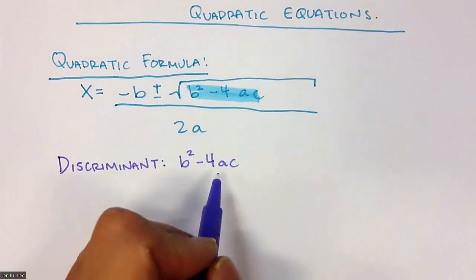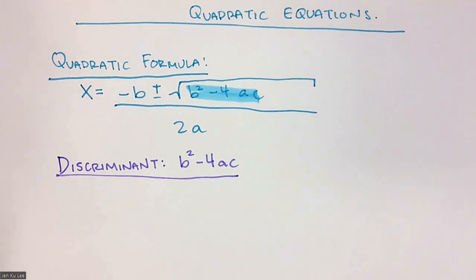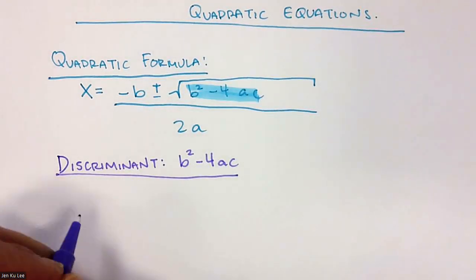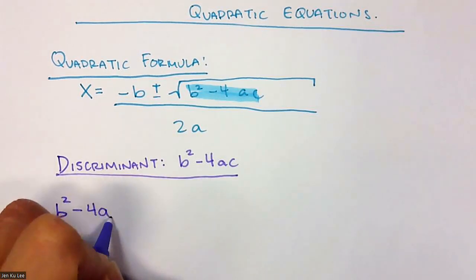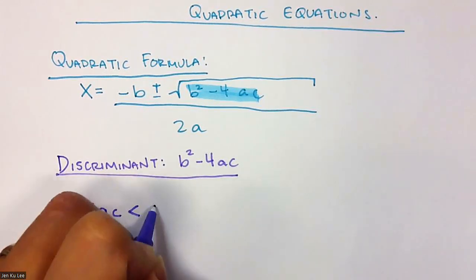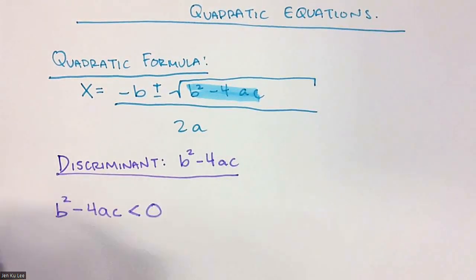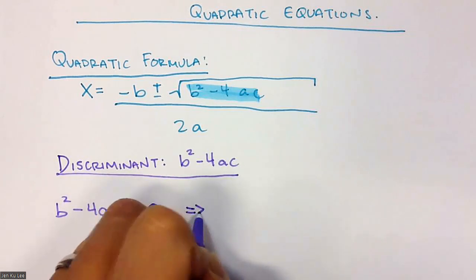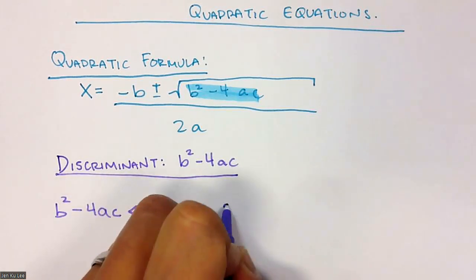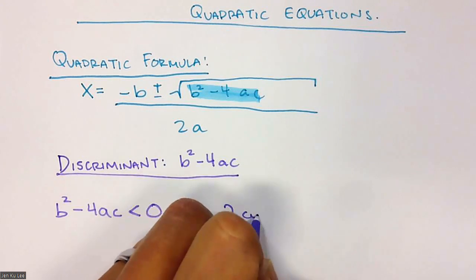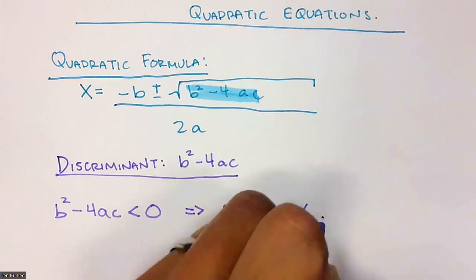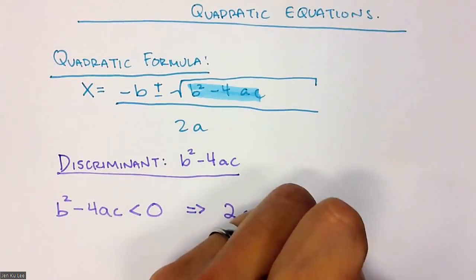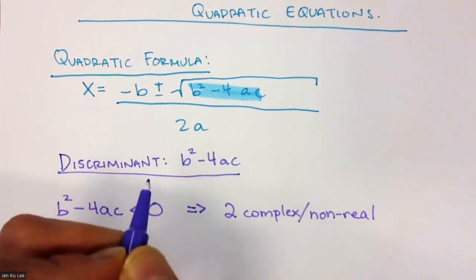So the discriminant here tells me a lot. We already established that if b squared minus 4ac is negative, or less than 0, that would lead me into having two complex or non-real solutions.